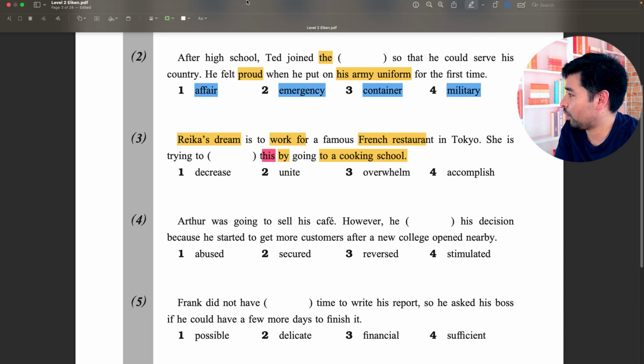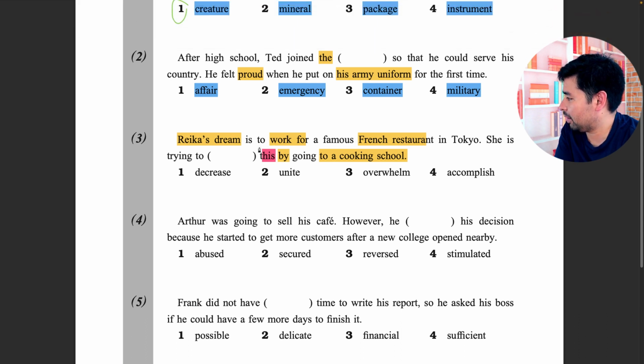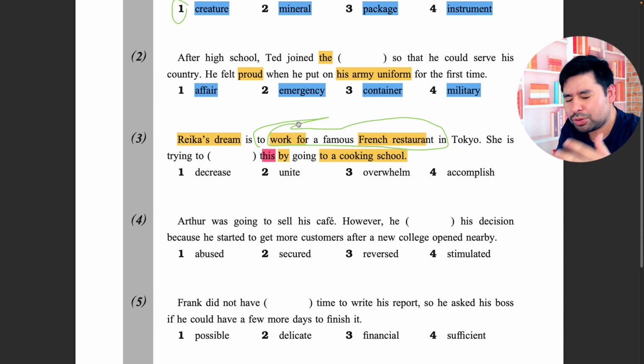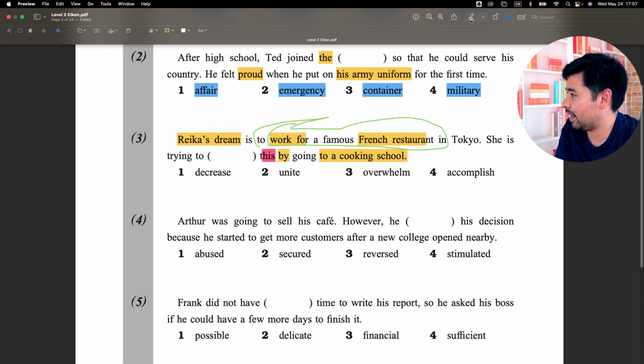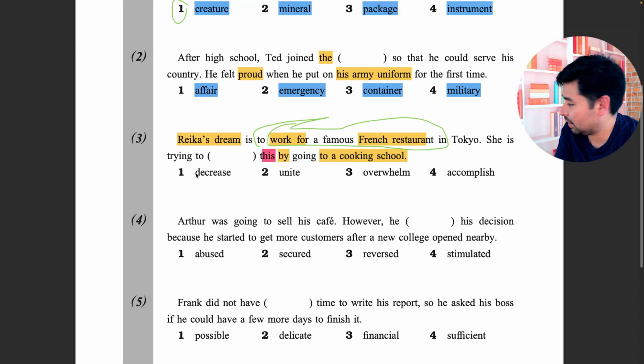This works as a pronoun, just to help you. This works as a pronoun for her to work in a famous restaurant, just to not repeat that. Trying to what? To work in a famous restaurant. And for that she's going to cooking school, right?